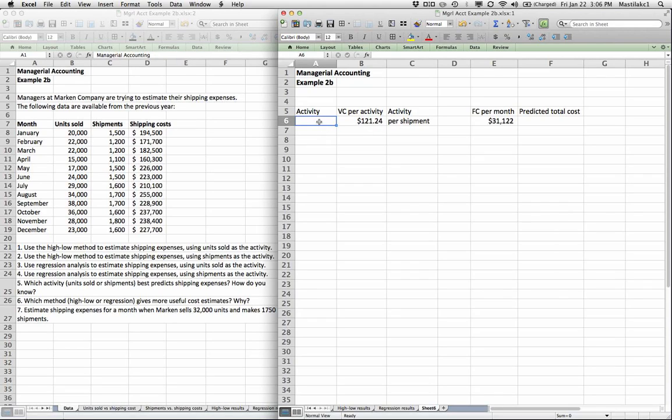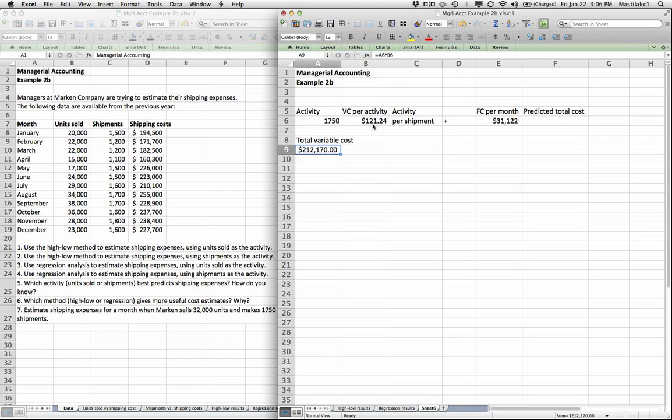So I'm just going to plug in the 1,750 shipments times $121.24 per shipment. And I'm going to add to that the fixed cost per month. So my total variable cost is going to be 1,750 times 121.24, or $212,170.